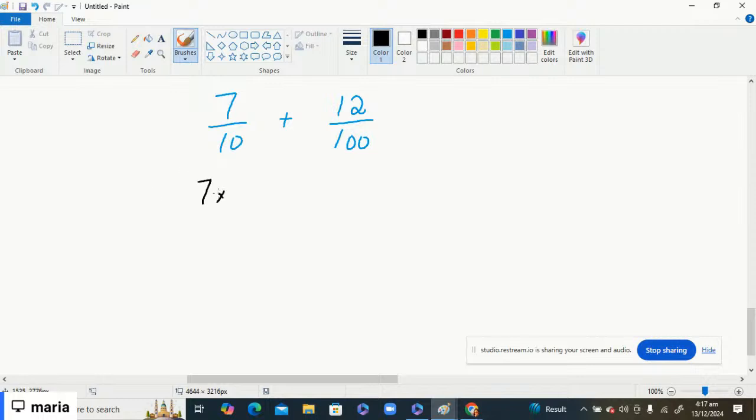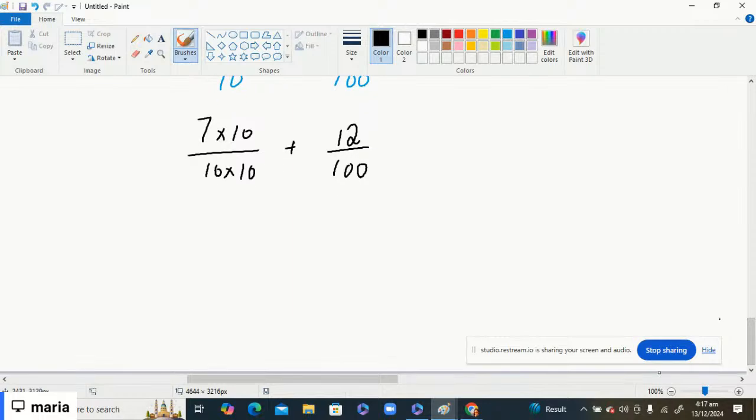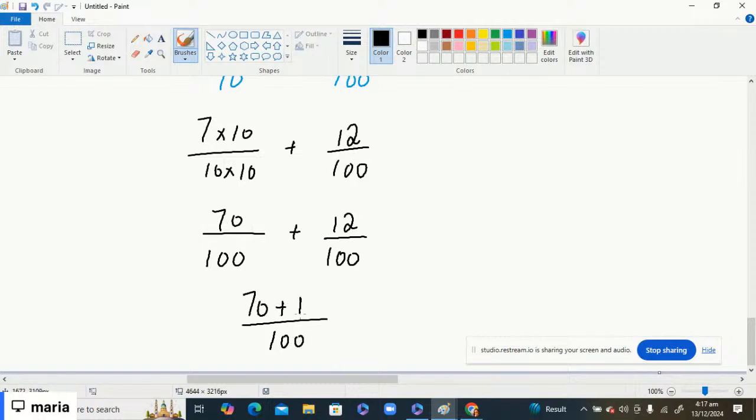So what we do is multiply and divide with 10. 7 times 10 is 70, 10 times 10 is 100, plus 12 by 100. Now these both are the same. Just putting only 100 here. Adding their top numbers, 70 plus 12, that is 82 over 100. And this is your answer.